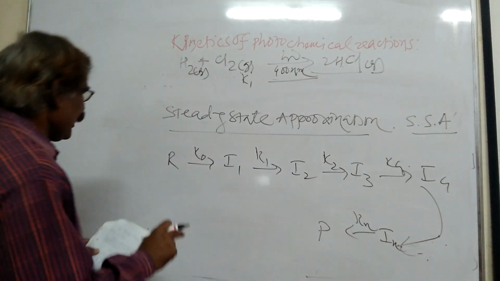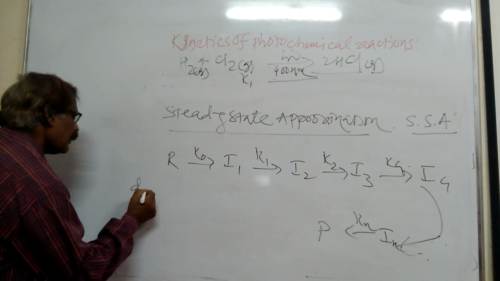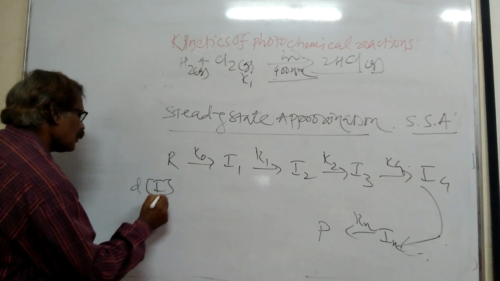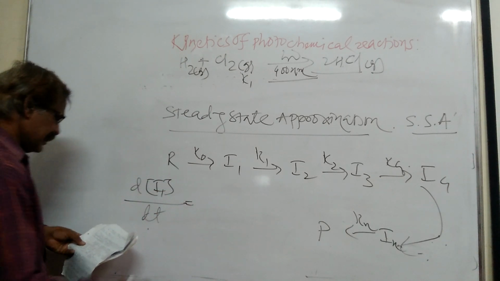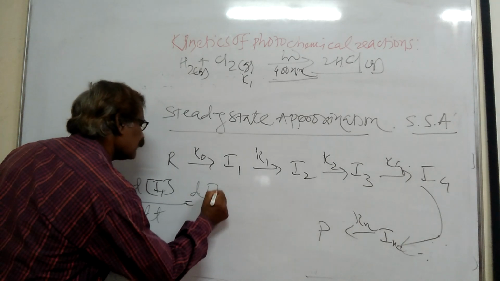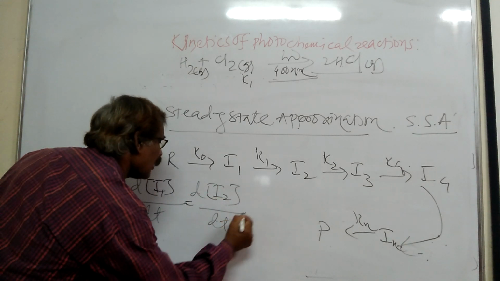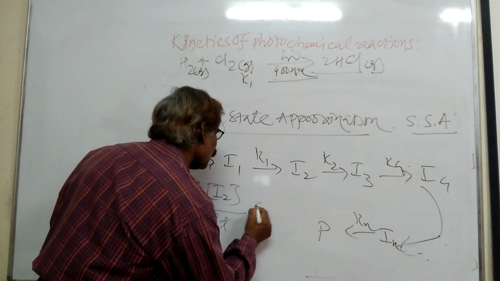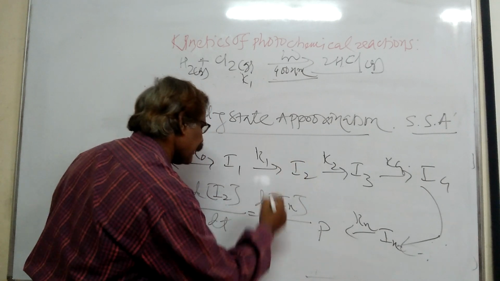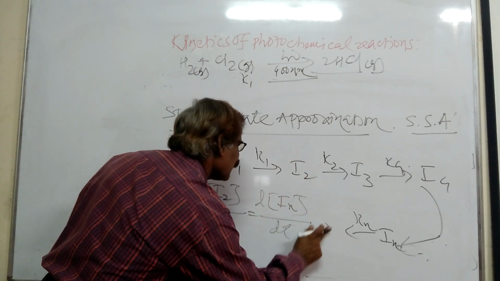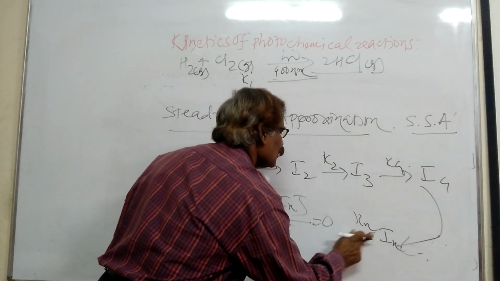So in this case, according to steady state approximation, the rate of formation of intermediate 1 is equal to the rate of formation of intermediate 2, up to the rate of formation of the nth intermediate, and each is equal to 0.